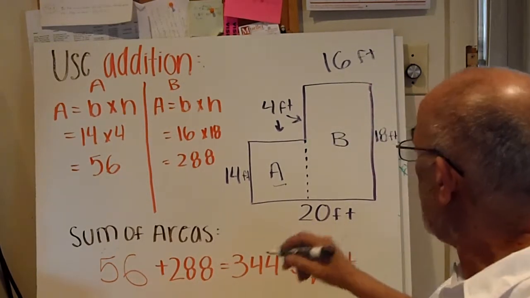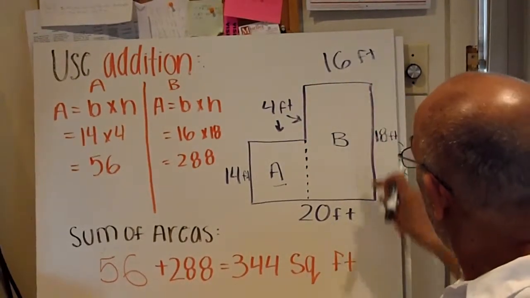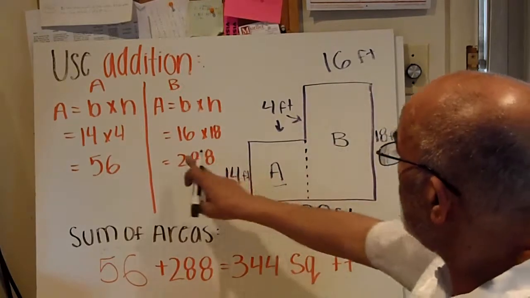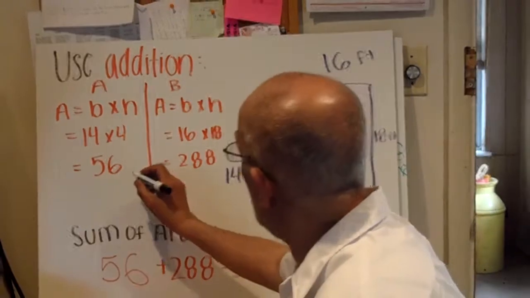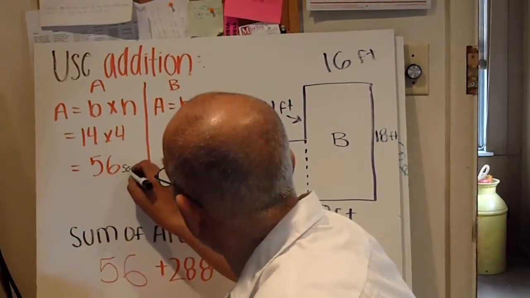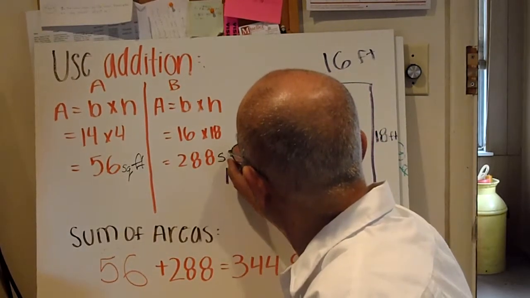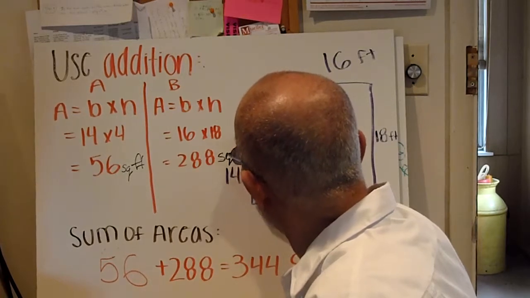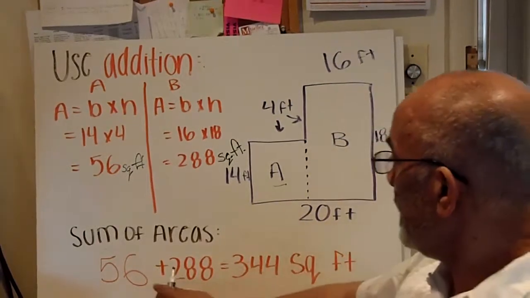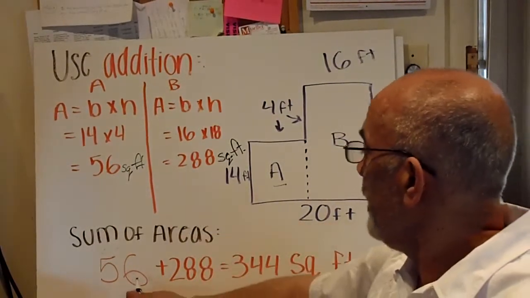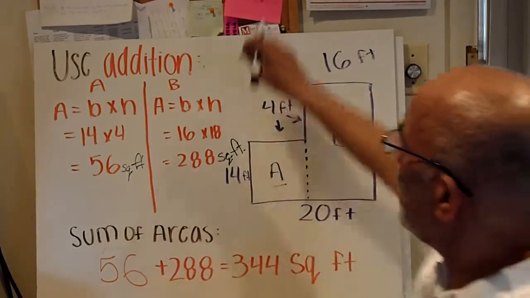This one we're not even using. 16 times 18, base of 18 and height of 16, gives you 288. And these are all square feet. 56 plus 288 equals 344 square feet.